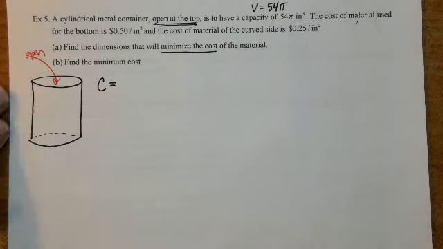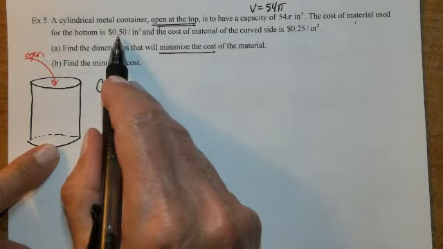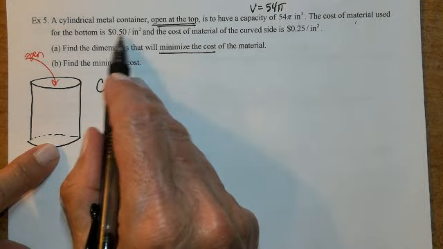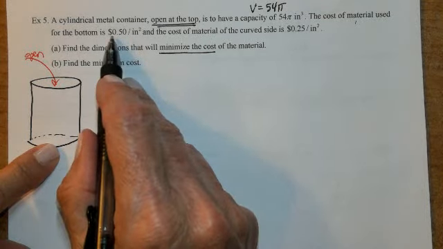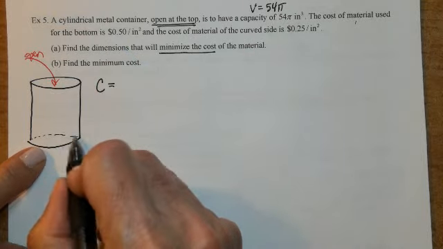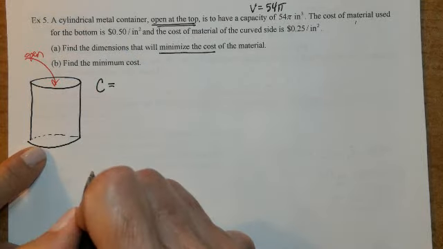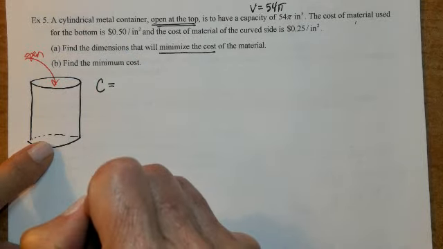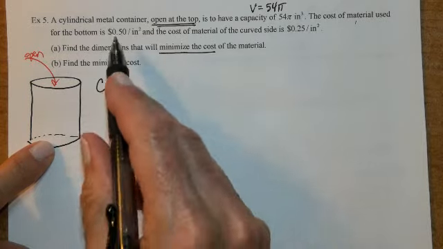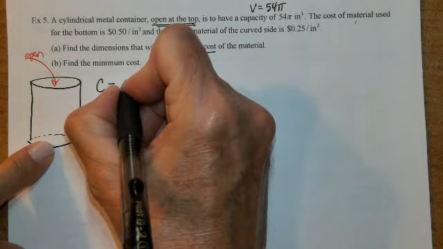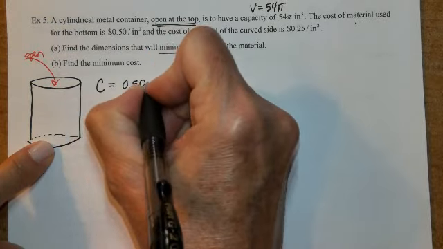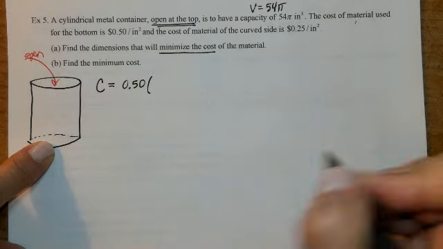And the bottom is a circle in a cylindrical container, right? So we'll need 50 cents, $0.5 times the area, and that will give us the price of just the bottom. So 50 cents times the area of the bottom.